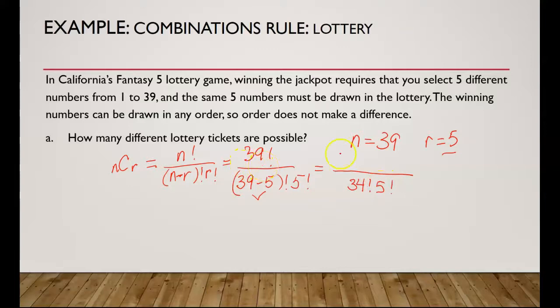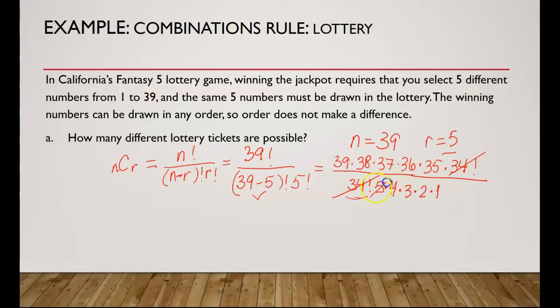Now let's break down 39 factorial: 39 times 38 times 37 times 36 times 35 times 34, and I'm going to stop right here, because then we'd multiply by 33, 32, and so on, which is 34 factorial, which we have in the denominator as well. We just simplify 34 factorial and 34 factorial and break down factorial of 5. 5 factorial is equal to 5 times 4 times 3 times 2 times 1.